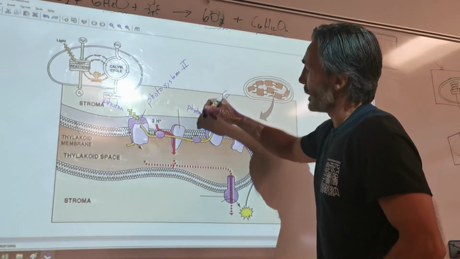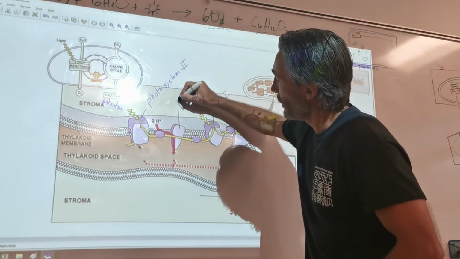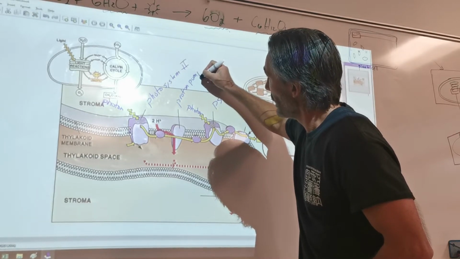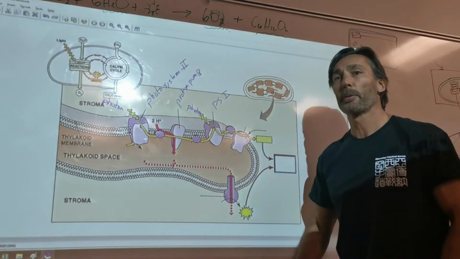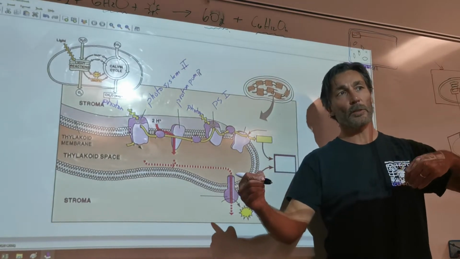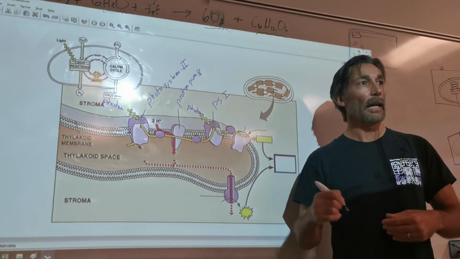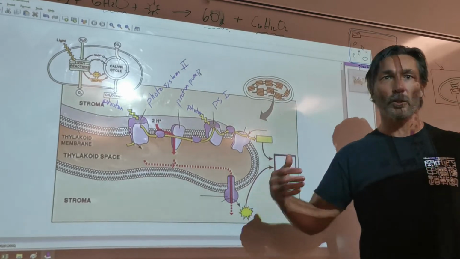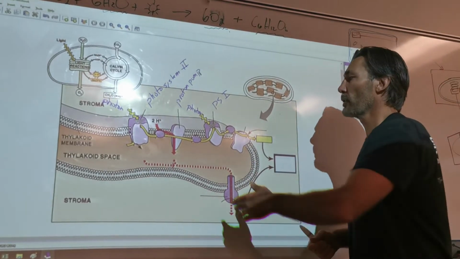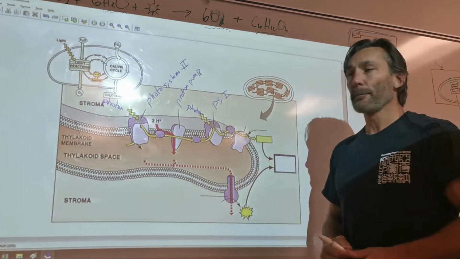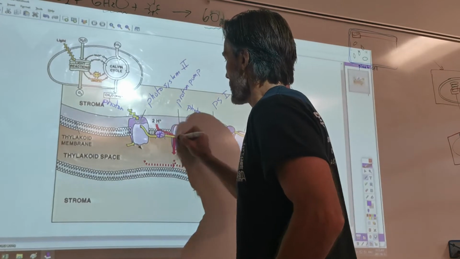So this is a proton pump, and as the name suggests, it's going to pump protons from what concentration to what concentration? Low to high, yeah, that's what a pump does. High to low would just be facilitated diffusion. This is going to be a type of active transport. So it's low to high? Low to high, yeah. So I'm going to put little stars on these things.